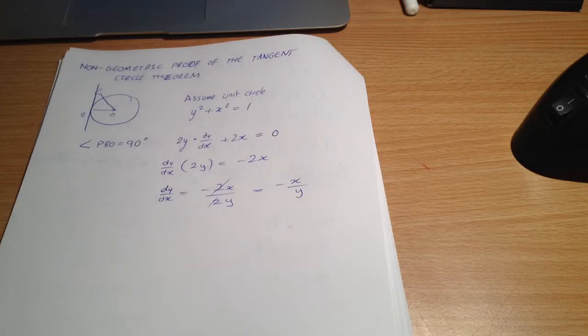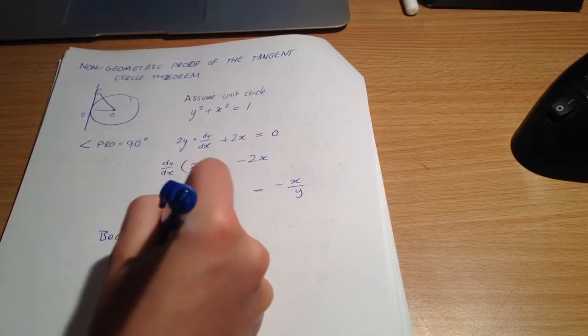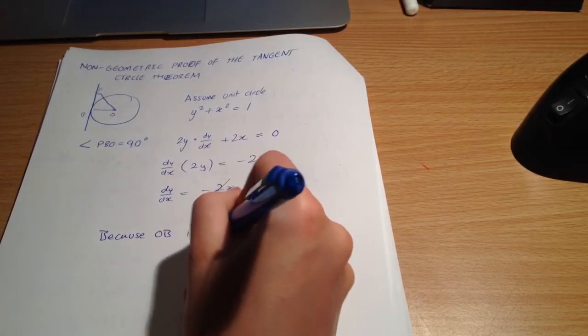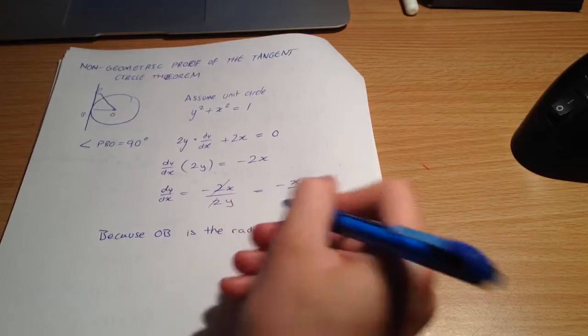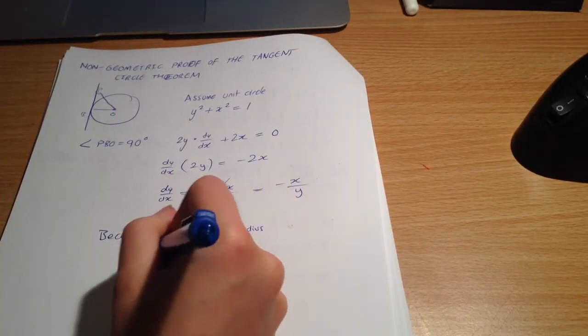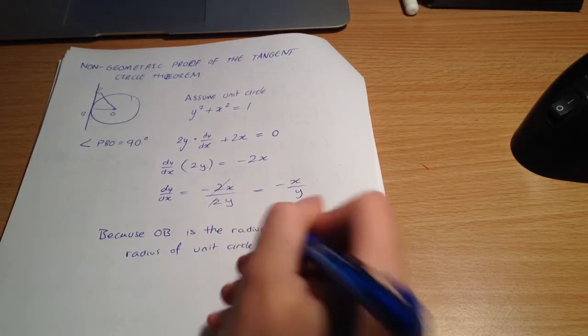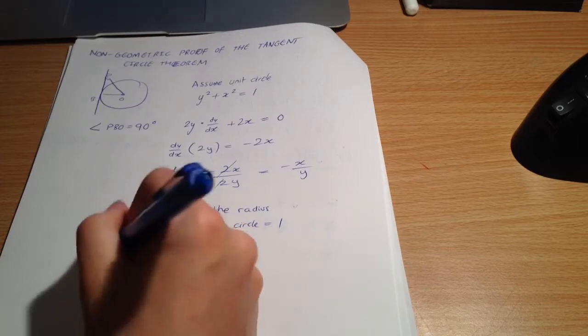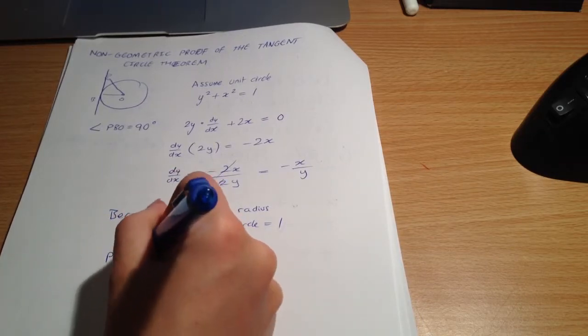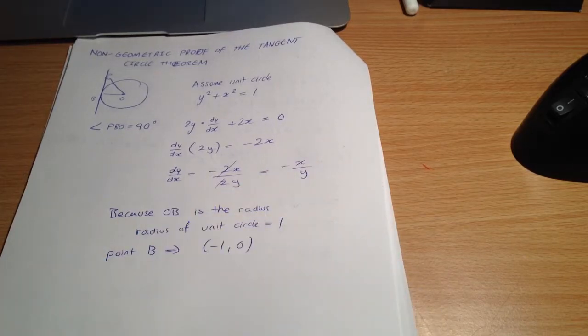So now, because OB is the radius, and of course we know that the radius of the unit circle is equal to 1, we can say that point B is given by negative 1, 0.